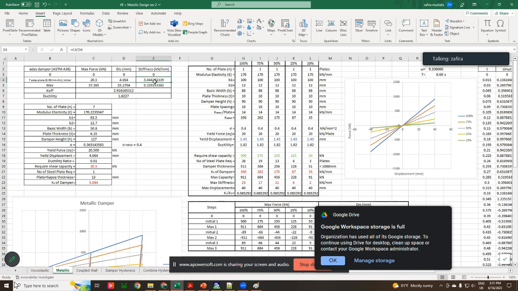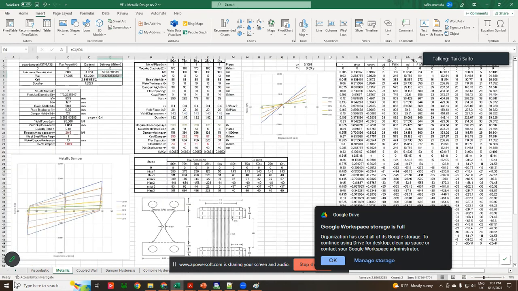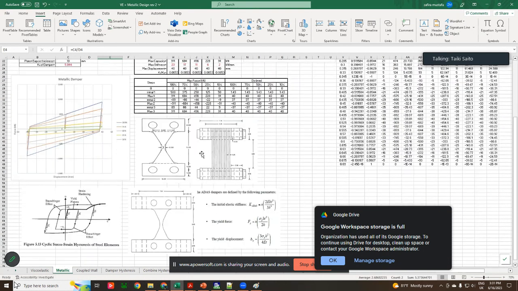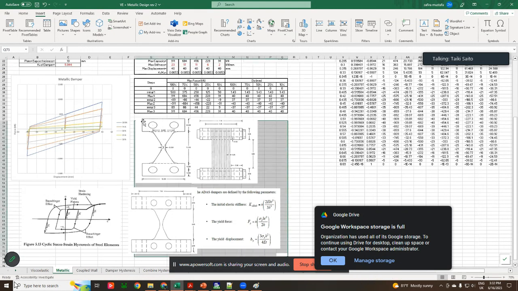Based on this, actually this is a test with the metallic damper, and then I tried to get how much the second slope is. Do you have a picture of the test result of another damper? Is it similar to this hysteresis? This is what I get from... So it's almost zero stiffness after yielding.